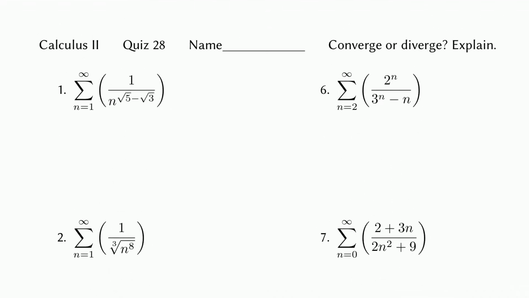By the way, when I say explain, you don't have to give me all the details. Just tell me what you're doing. Like if it's a p series, you can just say p series, and tell me what the p-value is, of course. Or if it's geometric. If you're using a comparison test, tell me what you're doing. Alternating, just tell me what you're doing basically for each one.